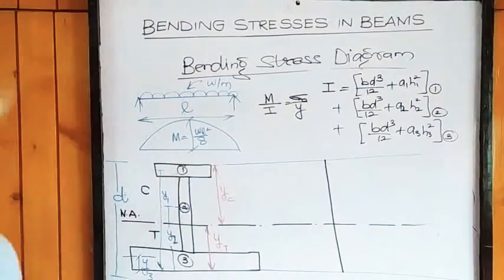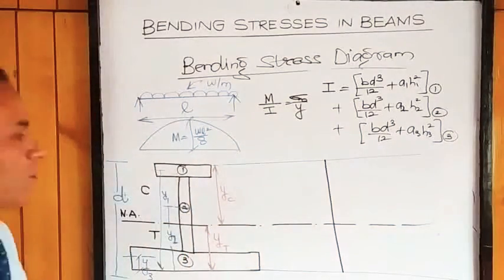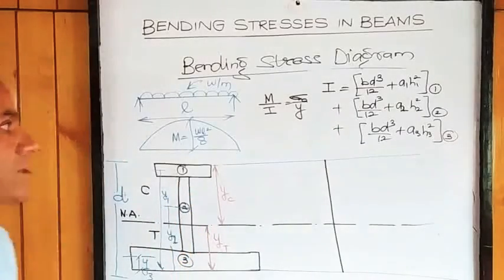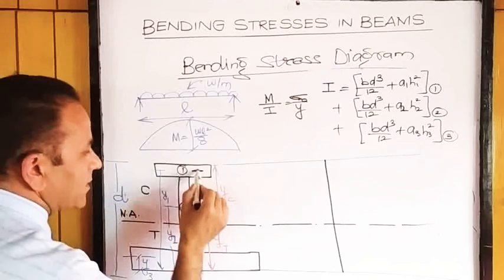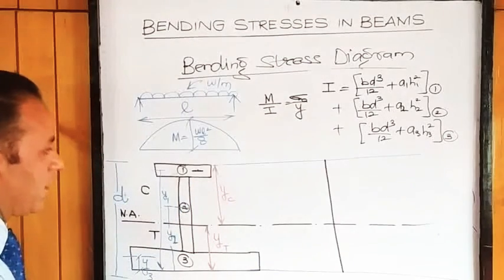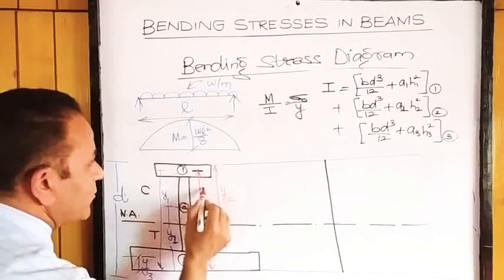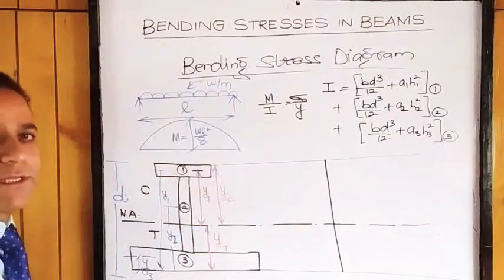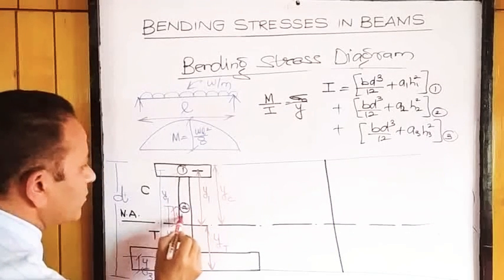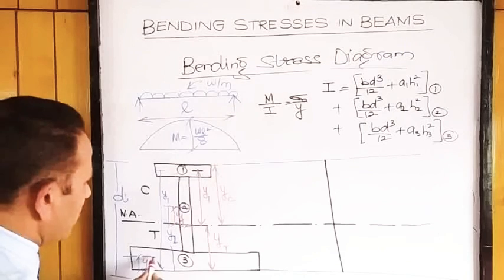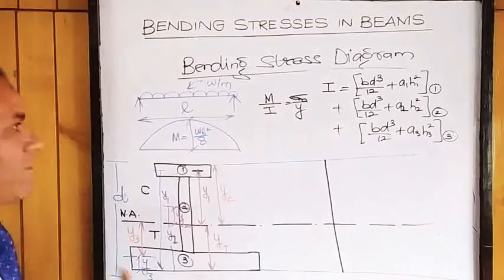So all three rectangles will have to be taken together and summed up. A1, A2, A3 will be the areas of rectangles 1, 2 and 3, and H1, H2, H3 will be the distances by which we are shifting the inertia. Y1 will be this distance up to the neutral axis from the CG of rectangle 1. This distance will be Y2, and here we are shifting by this amount, so this will be Y3. So we have got all the values.